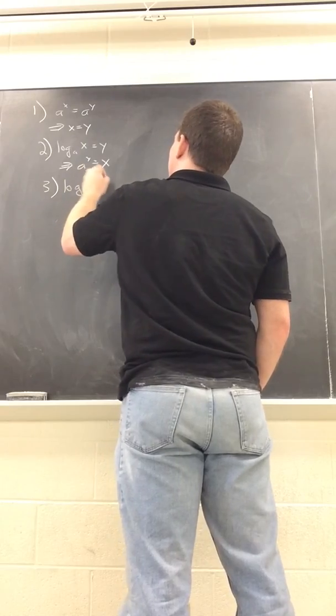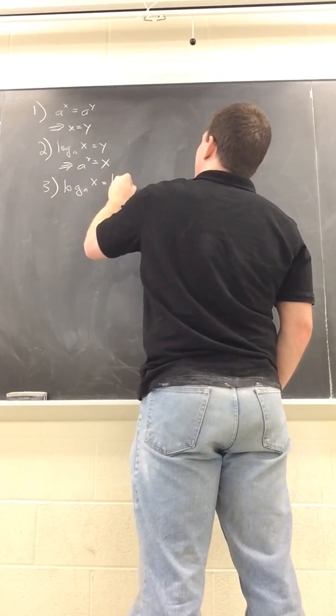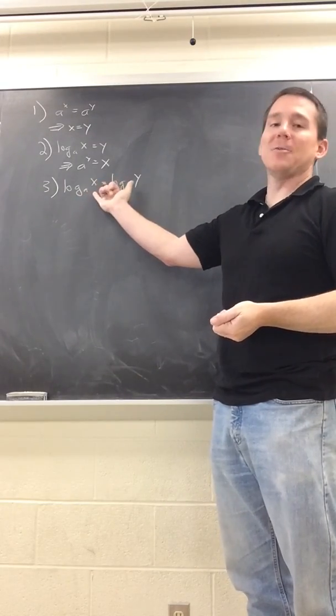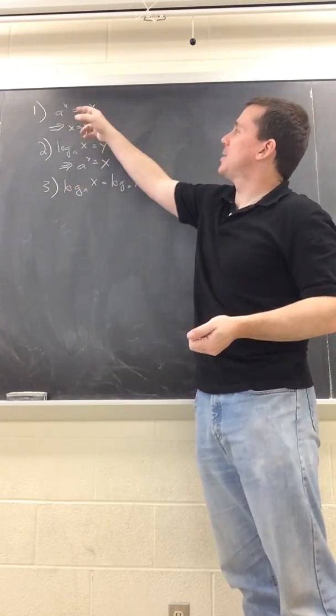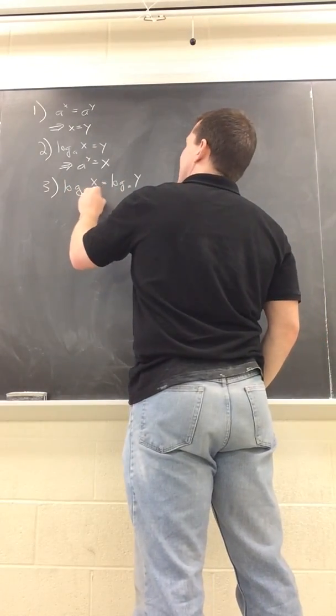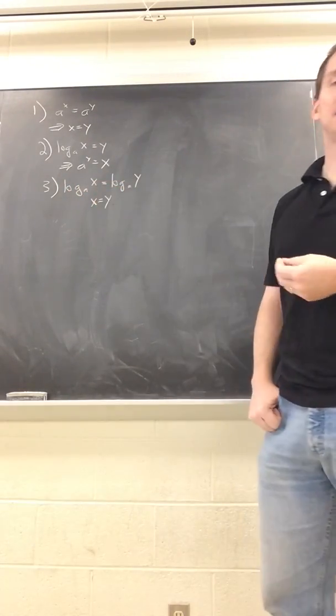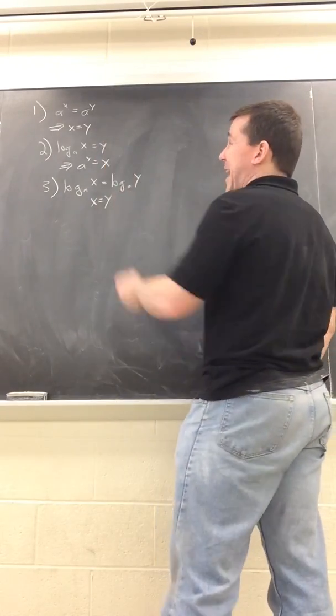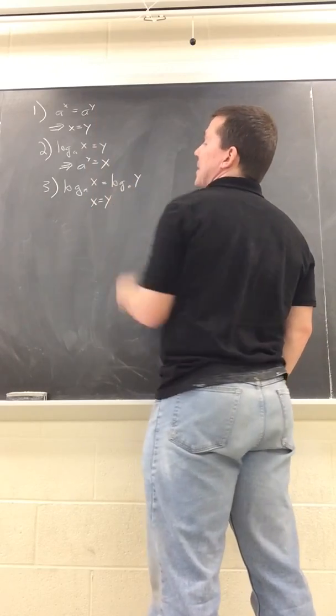If log base a of x equals log base a of y, if you have two logs with the same base that are equal, then just like we canceled out the bases for these exponentials, we can cancel out the logs. And x equals y. That one's pretty straightforward. It's essentially the same as that, just for logarithms as opposed to exponentials.